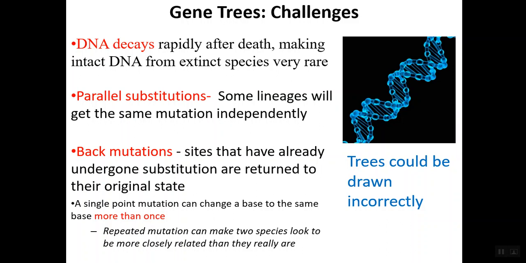Now, the other problems are parallel substitutions and back mutations. What are these two? Substitutions, you can also call them mutations. We could say parallel mutations and back mutations, but we call them substitutions right now. That's another term. Parallel substitution refers to the fact that some groups will get the same mutation independently.